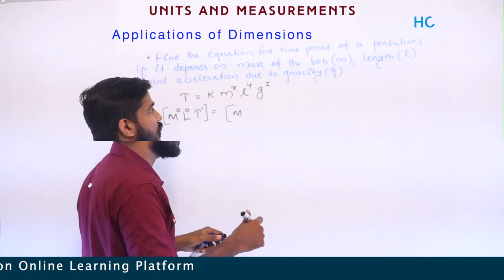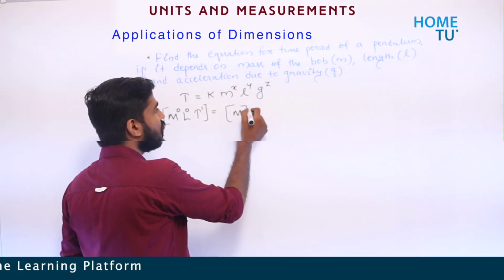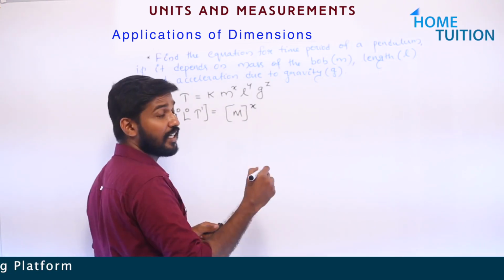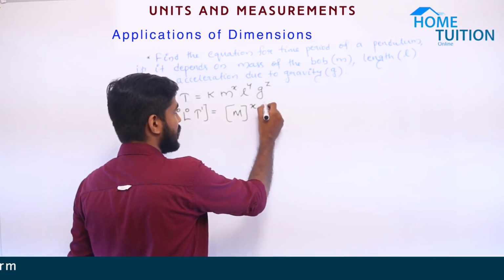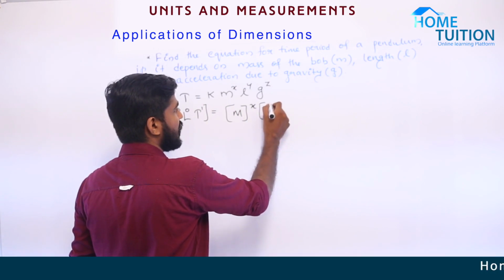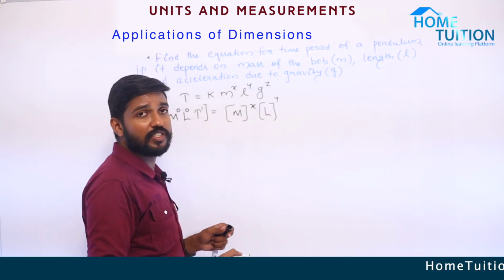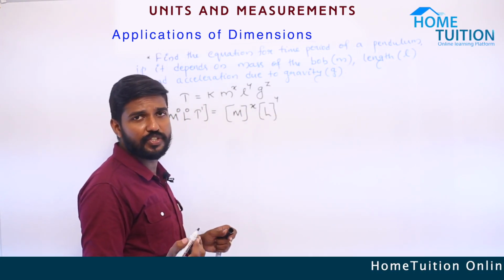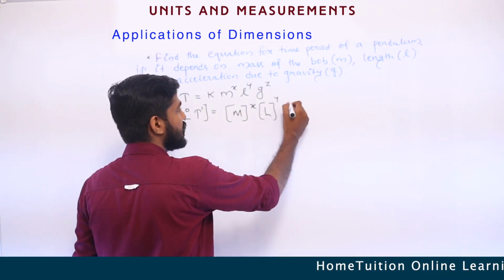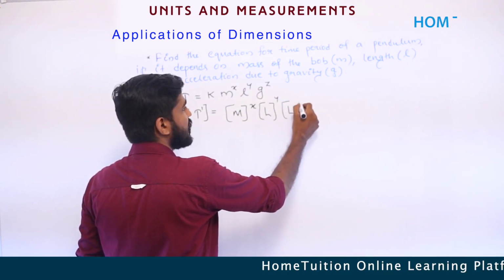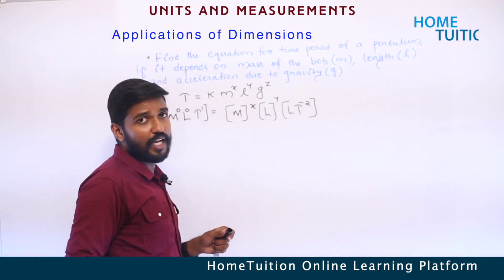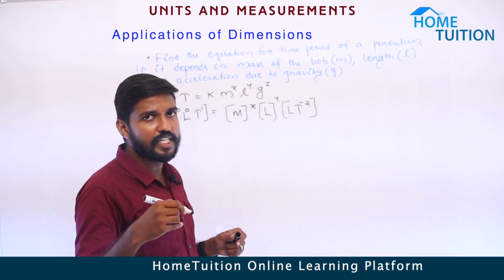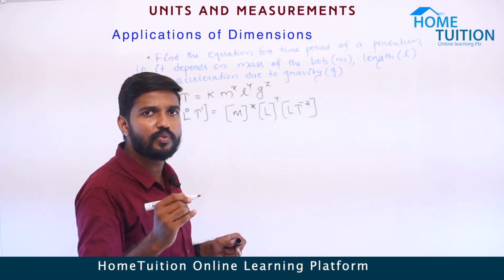So [M] the whole raised to x. Then L is length, right? So [L] the whole raised to y. And what is g? g is acceleration due to gravity, that is L T raised to minus 2. Acceleration, [L T raised to minus 2], the whole raised to z.